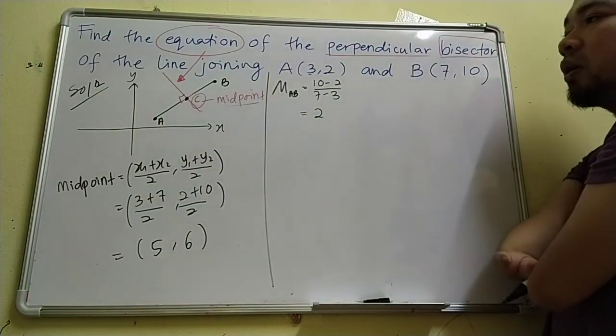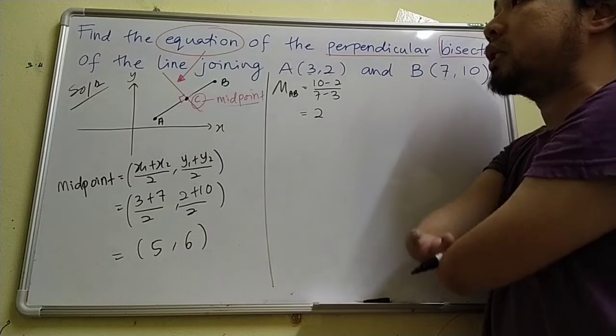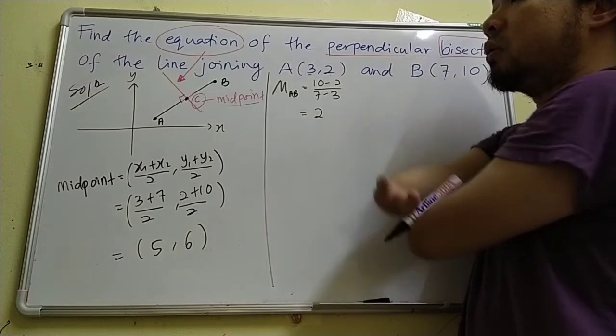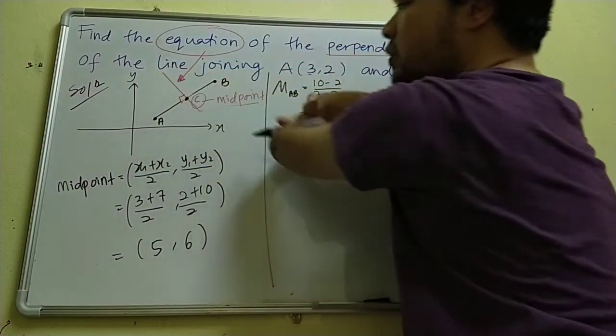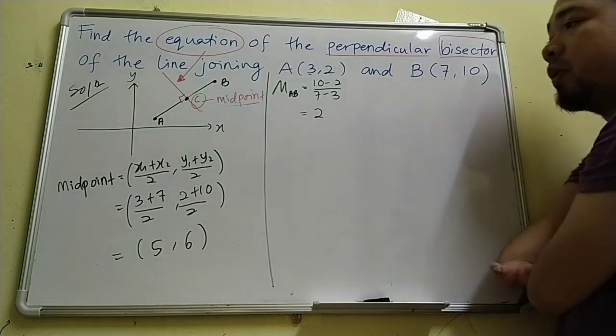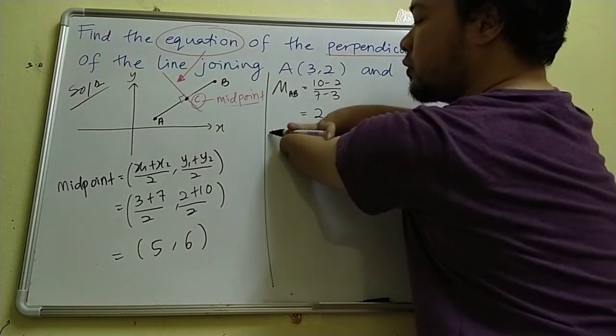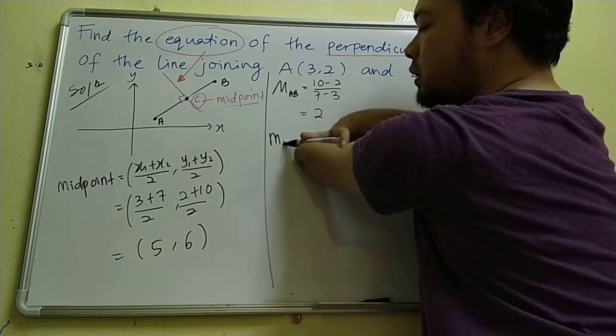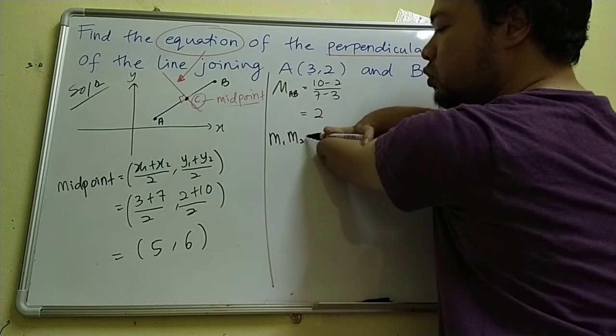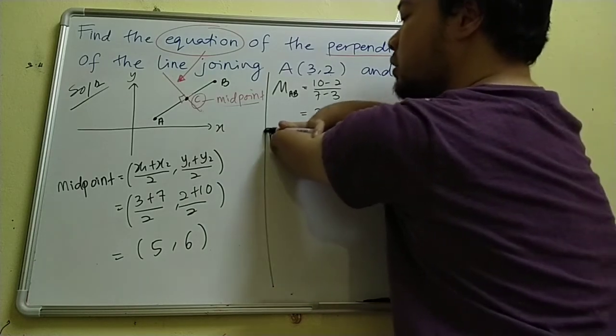But right now we are looking for the equation of the red line, which is perpendicular. That is another formula for the perpendicular gradient: m1 times m2 is equal to -1.